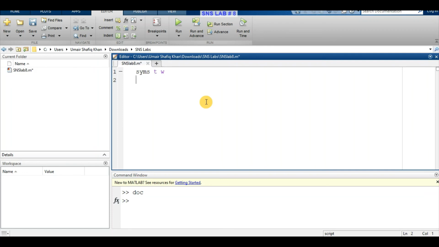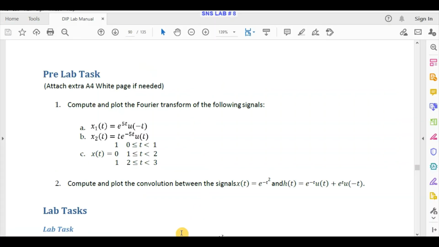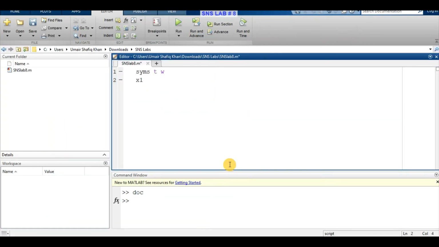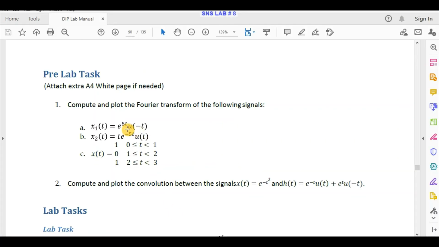Then we will write our expression. The function is x1 of t is equal to exponential power 5t. So we will write x1 is equal to exp, as we know, we use the exp function for exponential, power 5 multiplied by t, and then multiply it with the unit step.